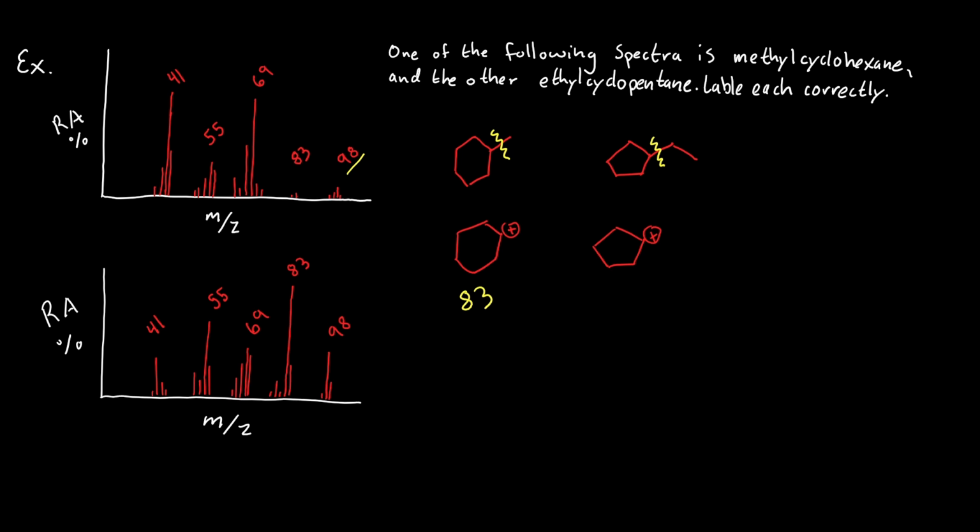For ethyl cyclopentane, we lost 2 carbons and 5 hydrogens, so that's 29, meaning 98 minus 29 will have our group be primarily at a mass of 69. Based off that, we can look at our highest peaks and say that ethyl cyclopentane must have been our top graph and methyl cyclohexane must have been our bottom graph.